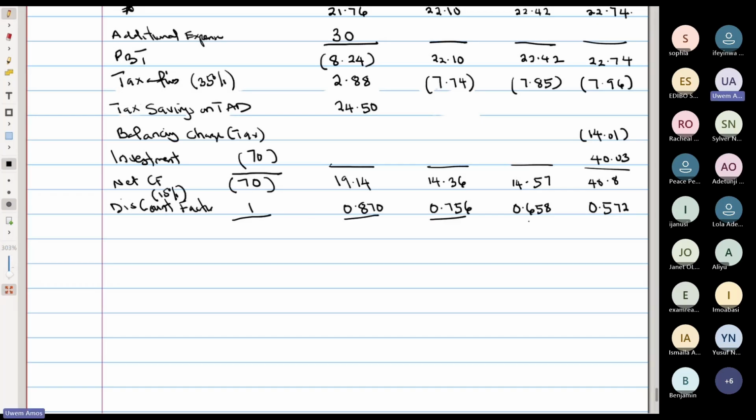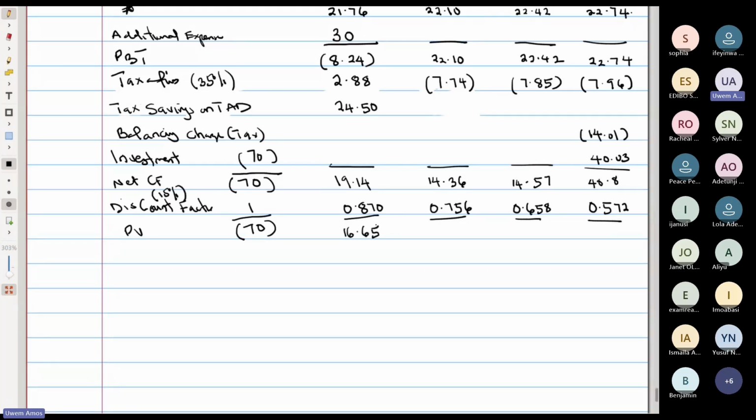So let's get our values down. So this guy is minus 70 for sure. So let's get on with the rest. 19.14 multiplied by 0.870, 16.65.